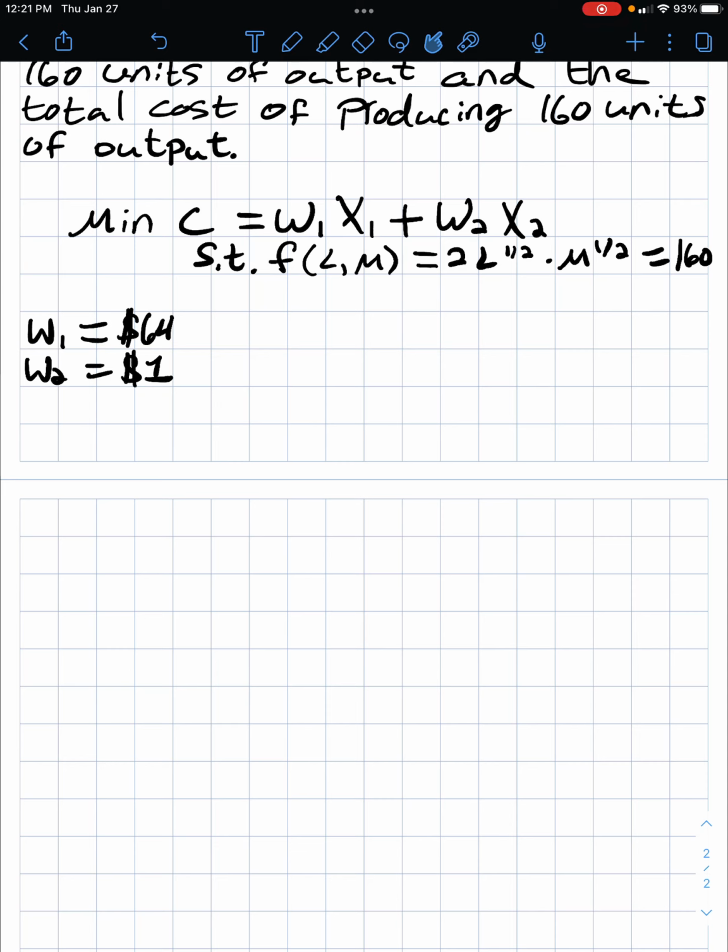Now we're going to set up the Lagrangian method to solve this.